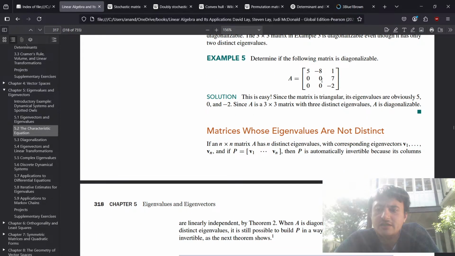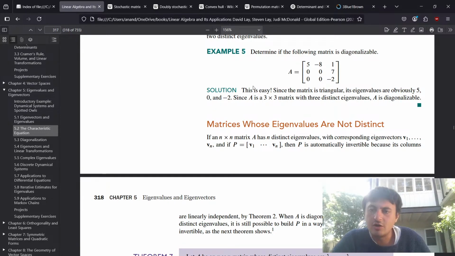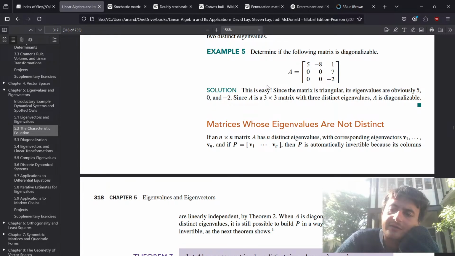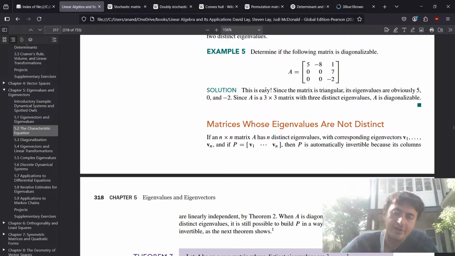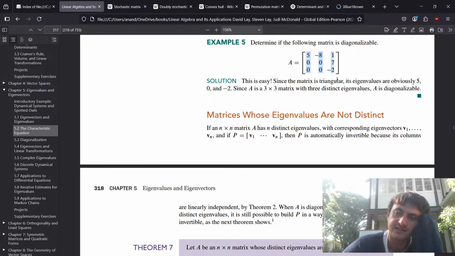This is not diagonalizable because one of the eigenvalues is 0. Oh, wait, no, I'm wrong. Why did I think that? You can't invert it, it has no inverse, but it is diagonalizable. Wow, okay, this is a good example actually.